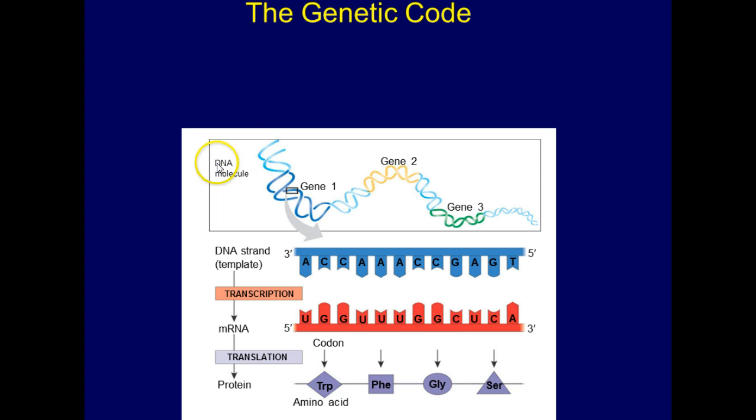So look up here at this diagram. Here's gene 1. See the little square? Now we've got that gene 1 blown up here, and you see the codes for these amino acids. So this gene 1 would code for some kind of protein, and these would be the amino acids that this protein would be built on.